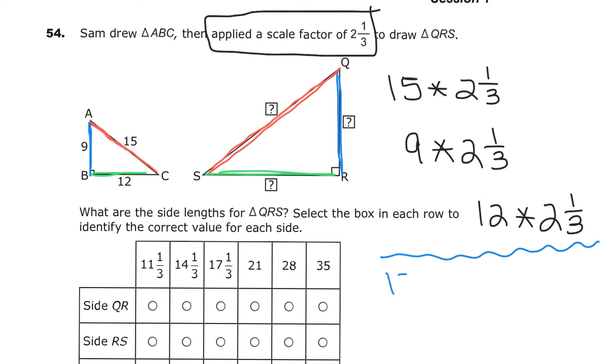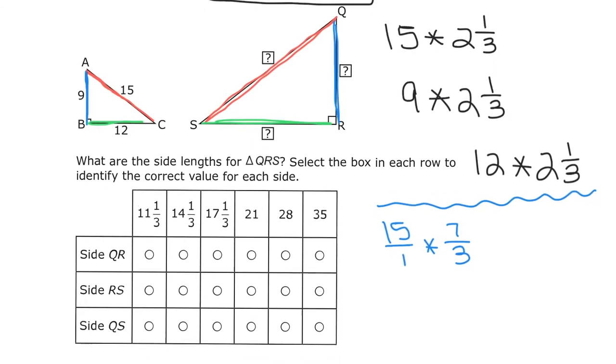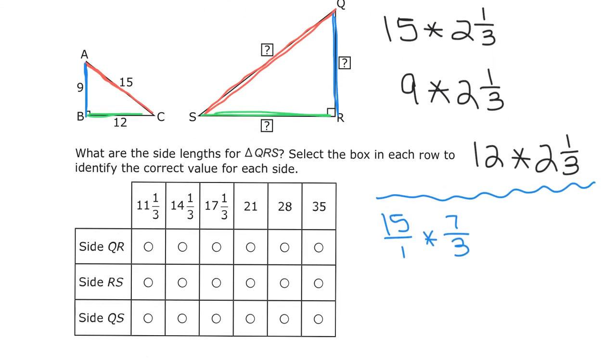All right. 15 over 1, we're going to multiply it by 7 over 3. Nine over 1, you're going to multiply it by 7 over 3. And then 12 over 1, you're going to multiply it by 7 over 3.